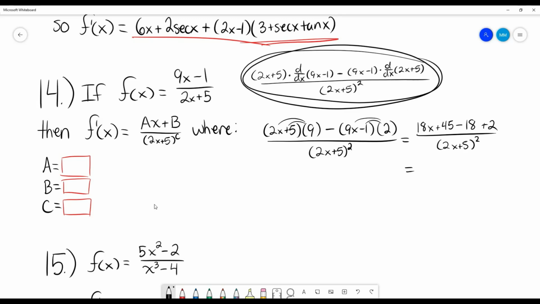Combine like terms. These cancel, so we've just got 45 plus 2, which is a 47 over 2x plus 5 squared. Our a is going to be 0, obviously, because we don't have an x term anymore. Our b is just that 47. And our c is a 5 squared, because it's 2x plus 5 squared.